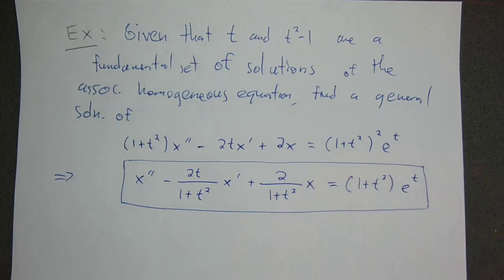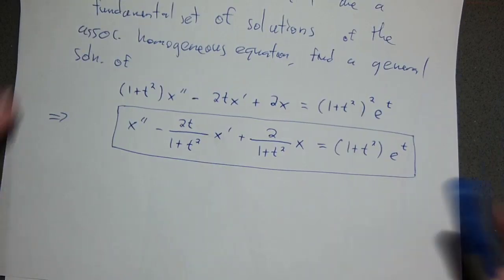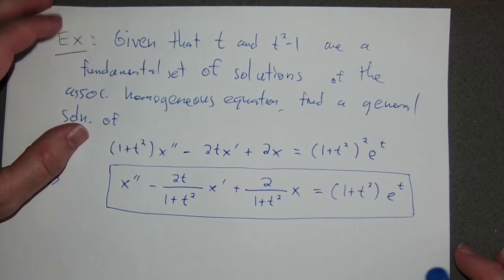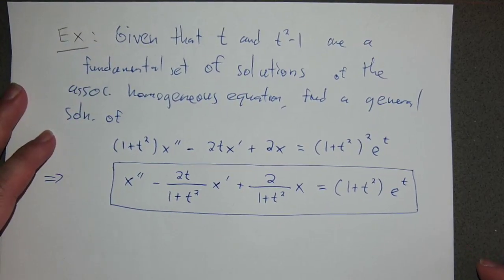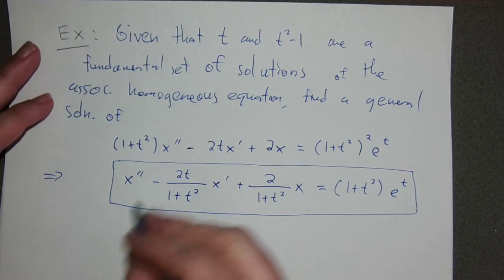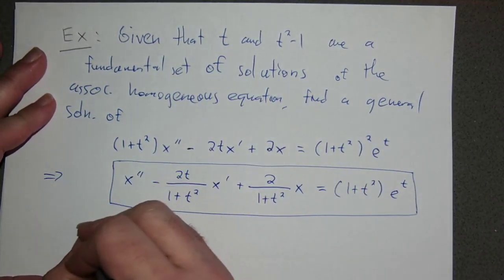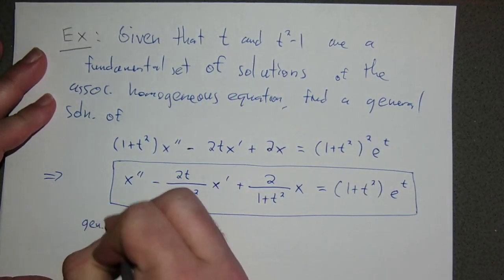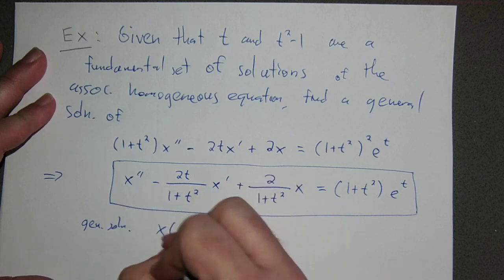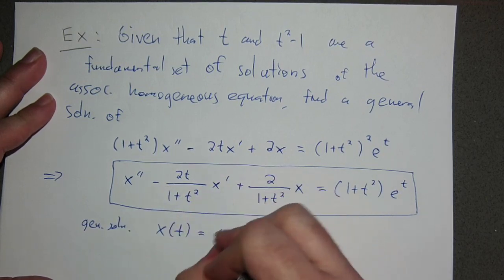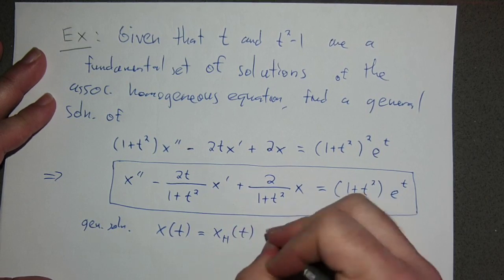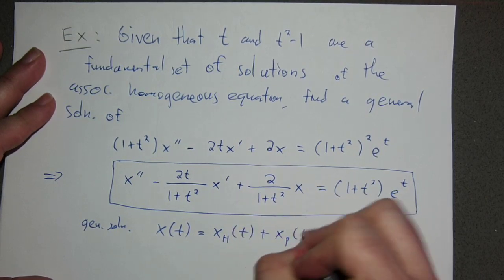I could talk about the interval of definition here. 1 plus t squared is always positive, so I actually don't have to worry about this thing at all. My interval of definition is just all the reals. But anyway, the general solution, as always, is x of t, which is the homogeneous part plus a particular solution.